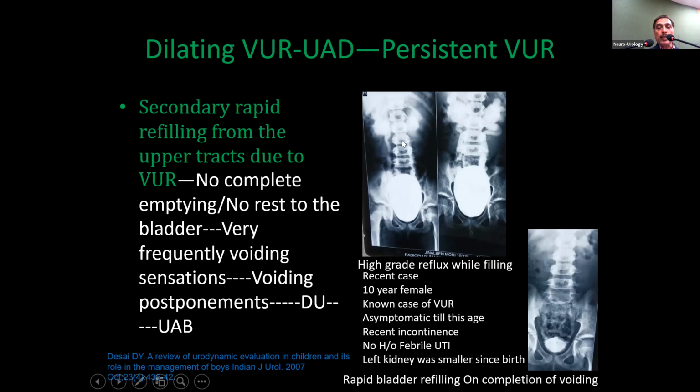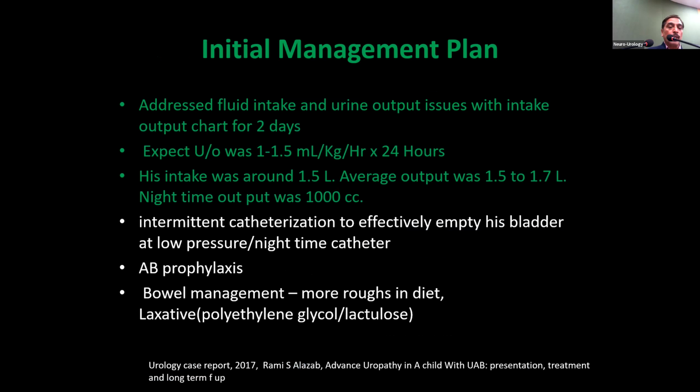And here you can see, again in an MCU, this is of another patient, not of this patient, at the end of voiding the entire refluxed urine, a massive amount, has come back to the bladder, and the bladder is never at rest. So this could be the culprit. So how did I manage this case?